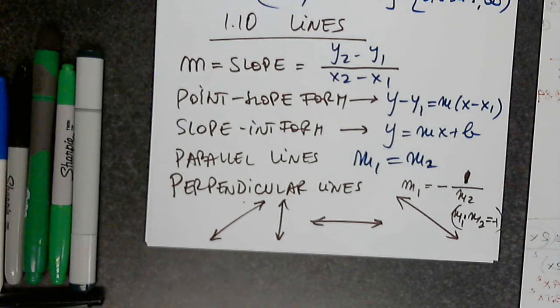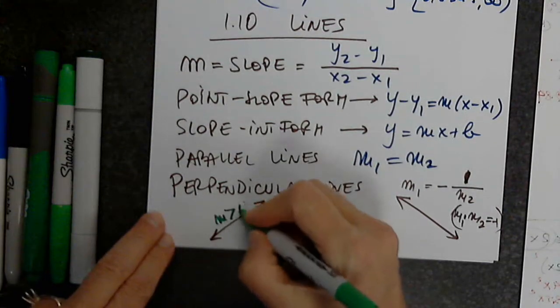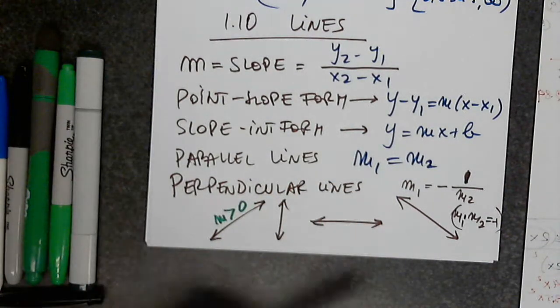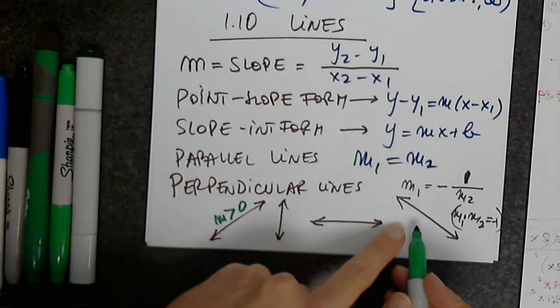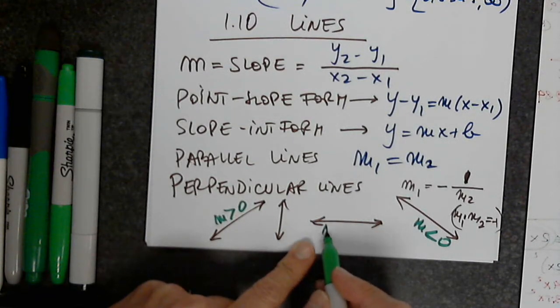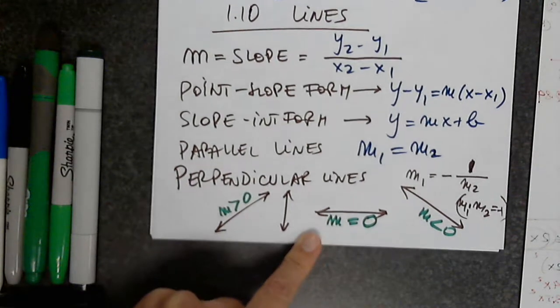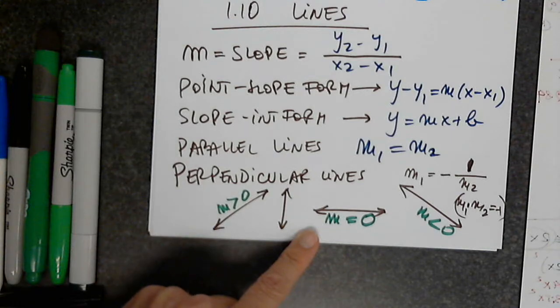Okay, what type of slope does this line have? Positive slope. Perfect. Excellent. We just talked about it in our charts. What kind of slope does this line have? Good. What is the slope of this line? Yes, you're right, it's 0. The slope of a horizontal line is 0.